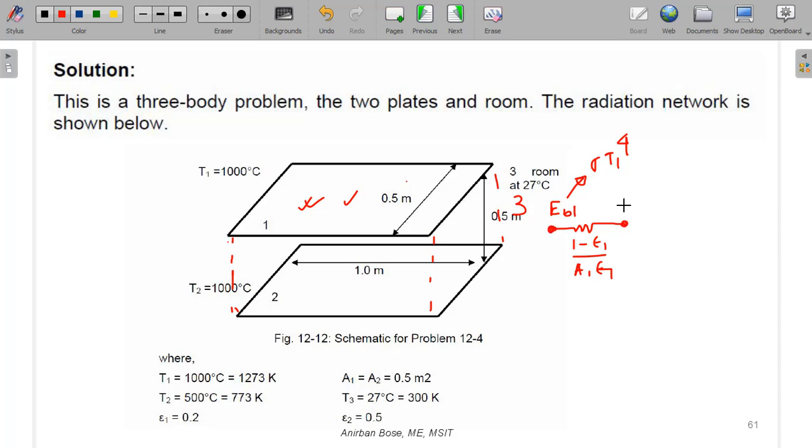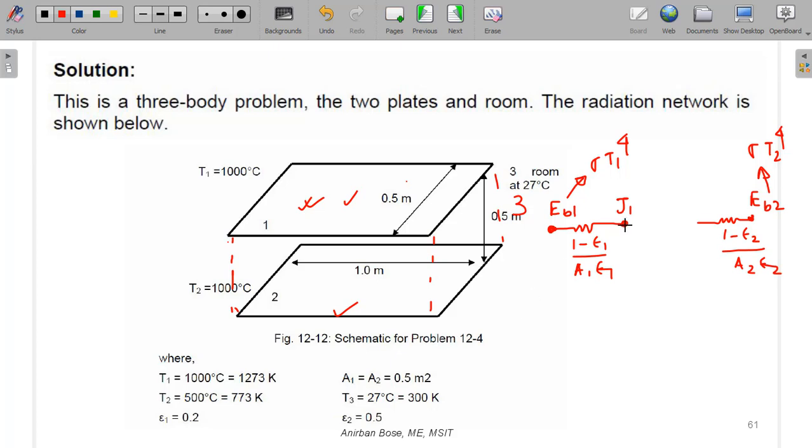So now where you reach is J1, so this is one node. So for the surface 2, similarly, maybe surface 2 is here. Let us consider this is EB2. EB2 means what? Sigma T2 to the power 4. And this is again not a black surface, so put a surface resistance, and you know surface resistance is what? 1 minus epsilon 2 by A2 epsilon 2.